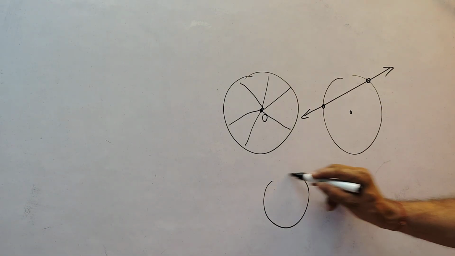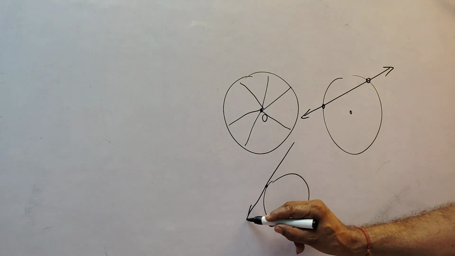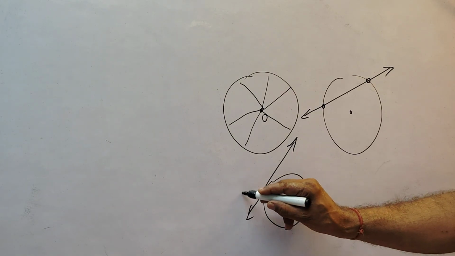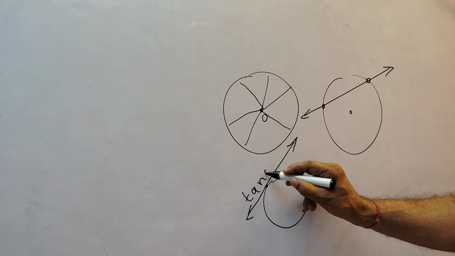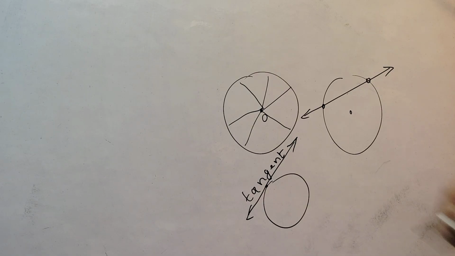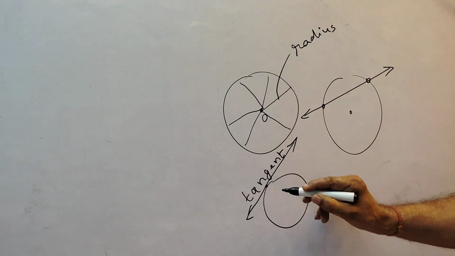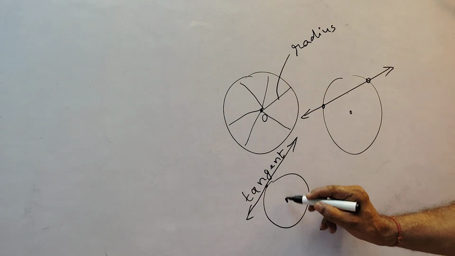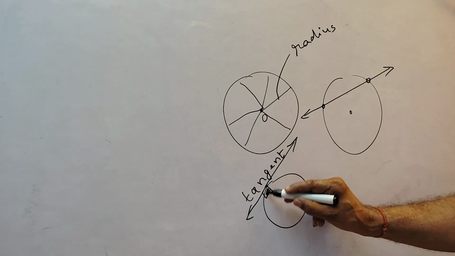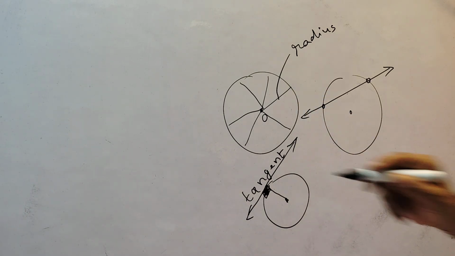And when the line only touches the circle at 1 point, not cut, only touches, it is called a tangent. This line's name is tangent. And this radius and tangent at the contact point form a right angle. This is the property of a circle.